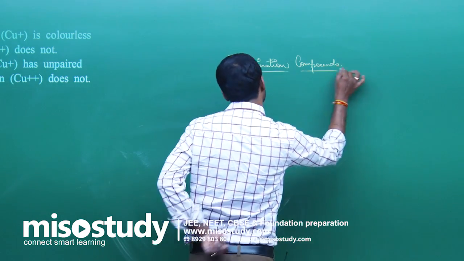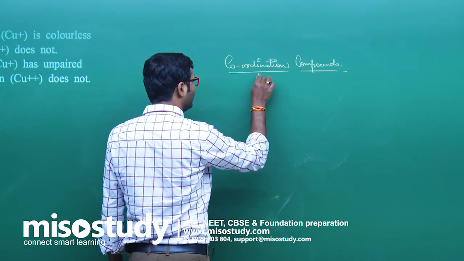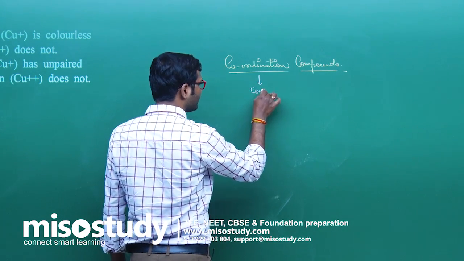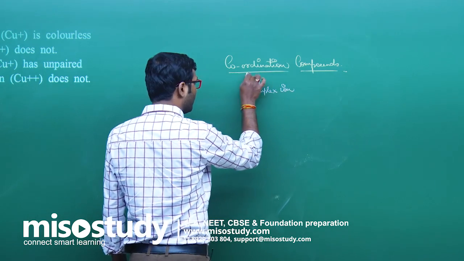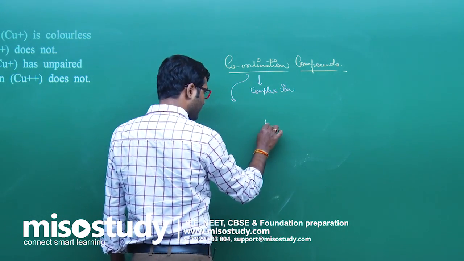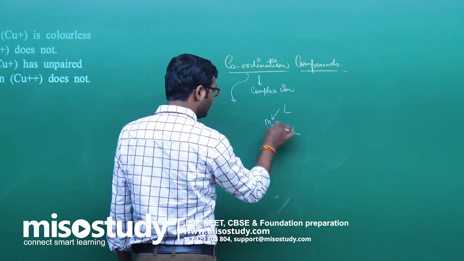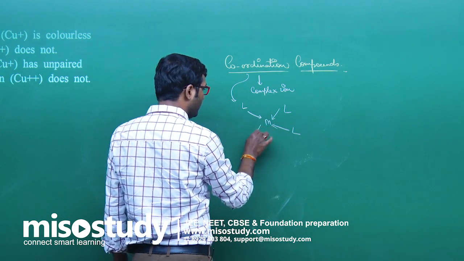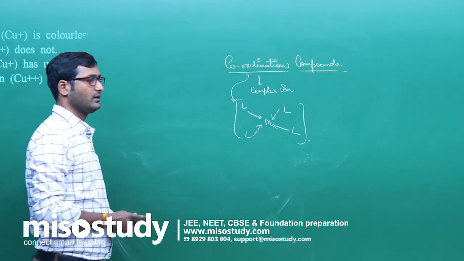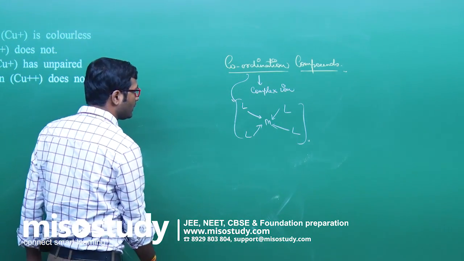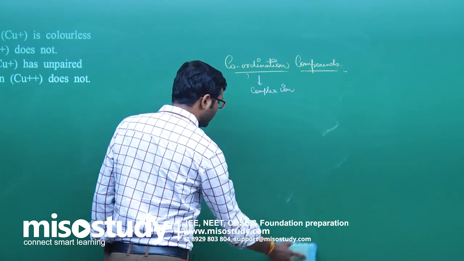In a complex structure or complex ion, there is a coordinate bond between metal and ligand. These compounds are called coordination compounds or complex compounds. Is it clear to you?